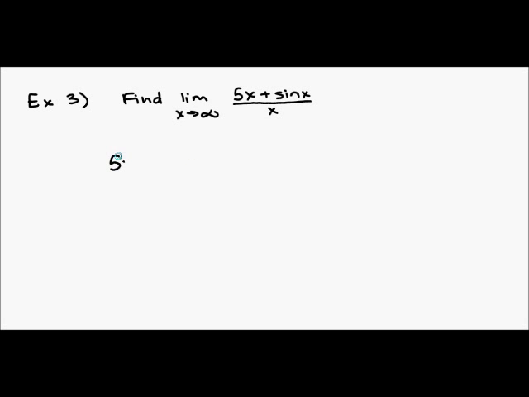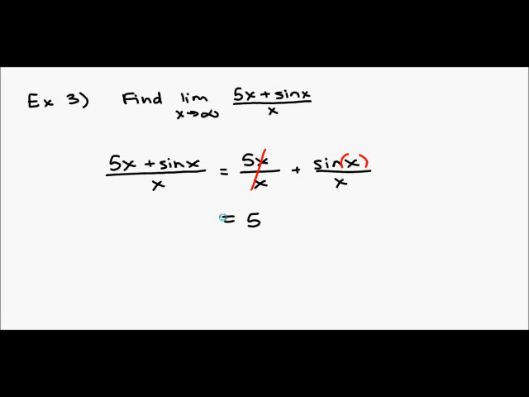So this is equal to this. Okay. And you can cancel out the x's here. Don't try to cancel out the x's here. This is sine of x. Sine is a function, so you can't cross those out. But we're left with 5 plus sine x divided by x.